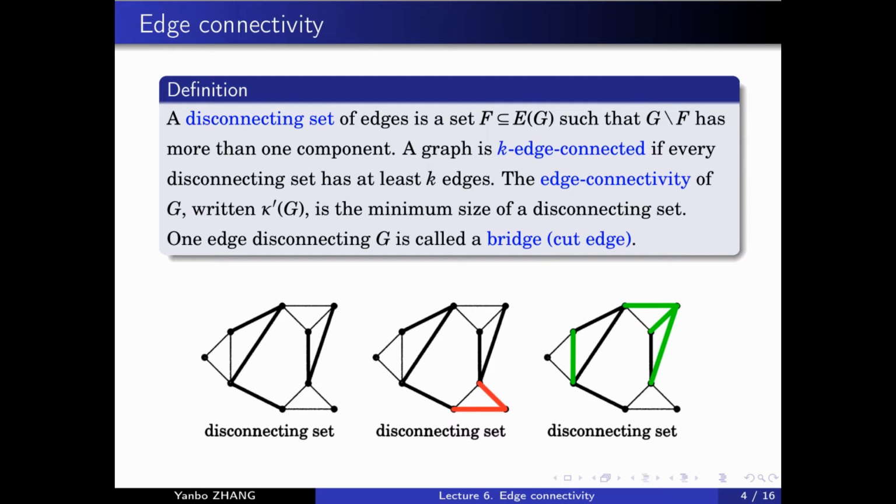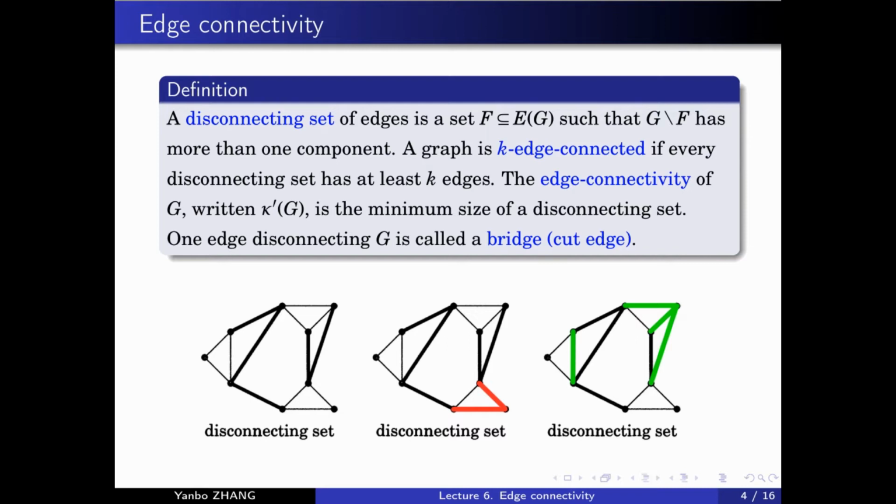So if a graph G is k-edge connected, then any k-1 edges cannot disconnect G. The edge connectivity of G, written kappa prime G, is the minimum size of a disconnecting set. One edge disconnecting G is called a bridge or a cut edge.